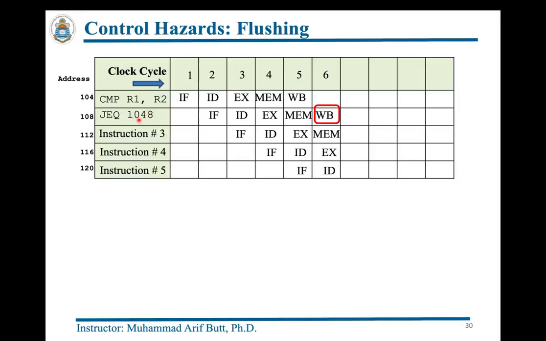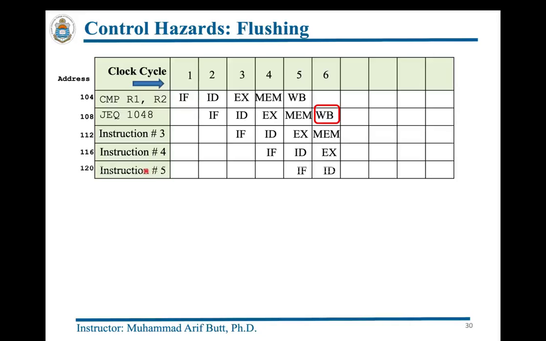But if this jump instruction is a success, that is, this jump instruction has overwritten the program counter with the address of 1048, that means we need to flush these instructions.